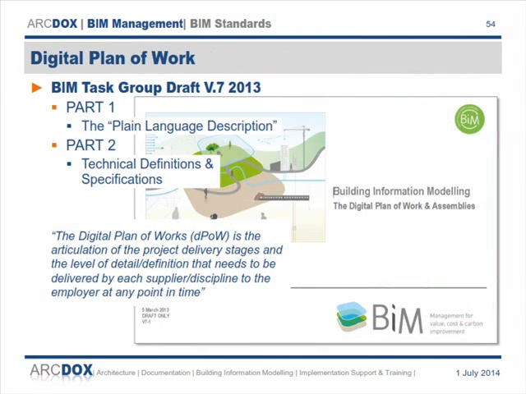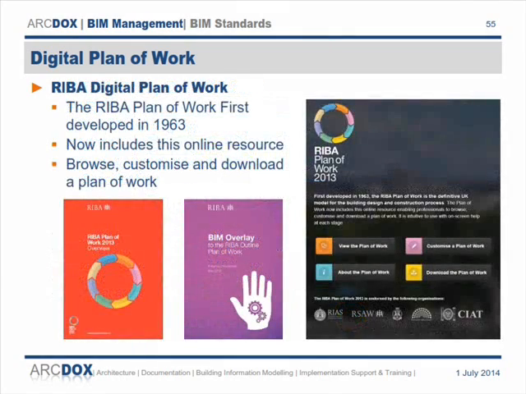As I said, both the BIM task group and the RIBA have published their digital plan of work structures for projects. The RIBA plan of work 2013 and the BIM overlay to the RIBA outline plan of work were both republished last year, which is a development of their plan of work from quite a bit back.